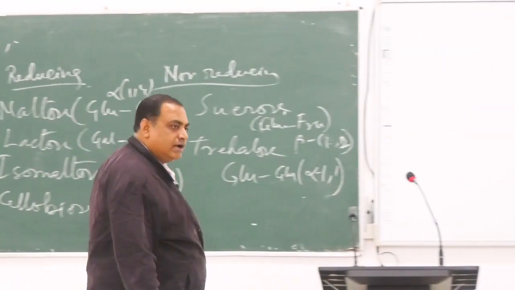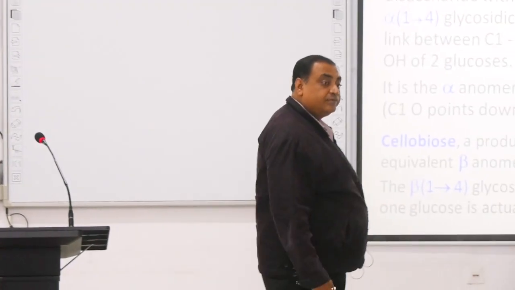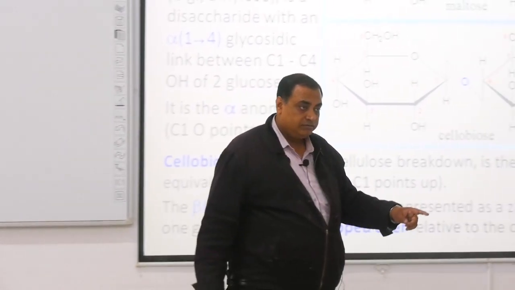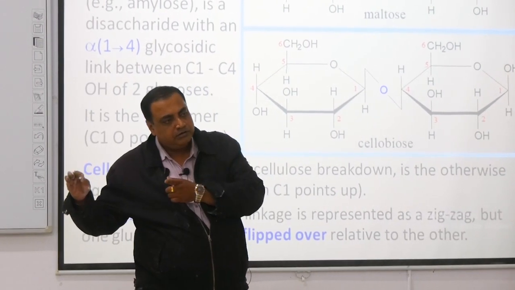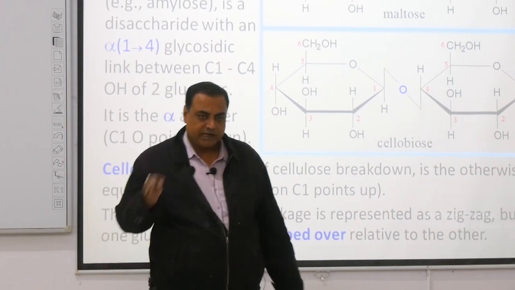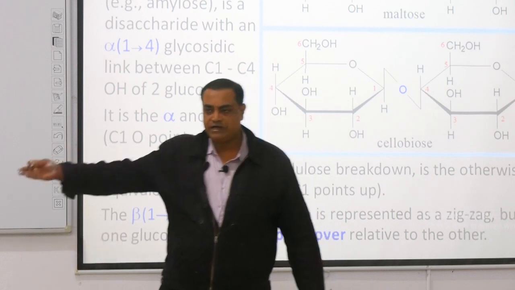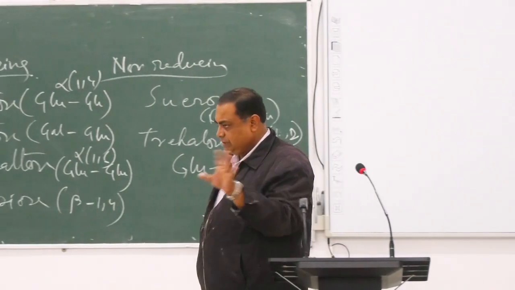That one is alpha D galactopyranoside. Beta D galactopyranoside, beta 1,4 galacto glucopyranoside. Isomaltose is 1,6, only a linkage difference.